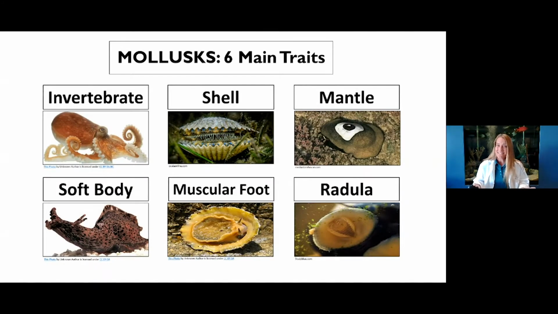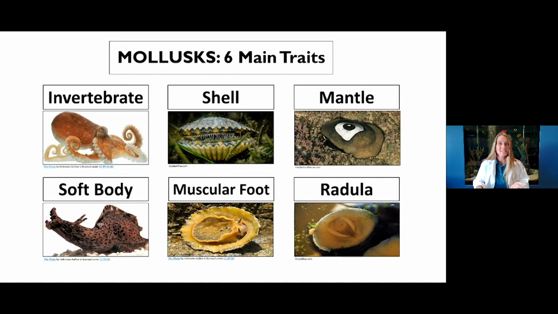In order to be a scientist today, we should ask ourselves, what makes a mollusk a mollusk? Well, we've already talked about one of their 6 main traits, and that is that they are invertebrates. They do not have a backbone. They do, however, have a shell. They have evolved from an animal that had a shell.